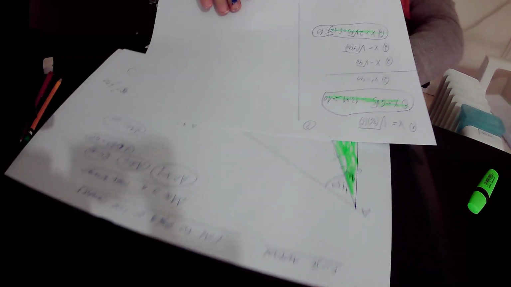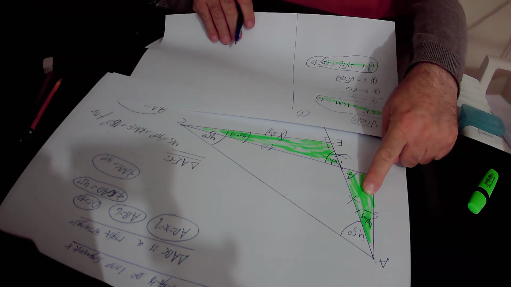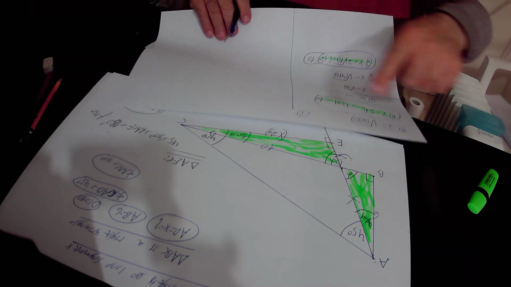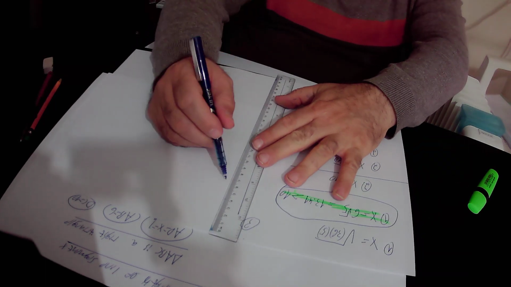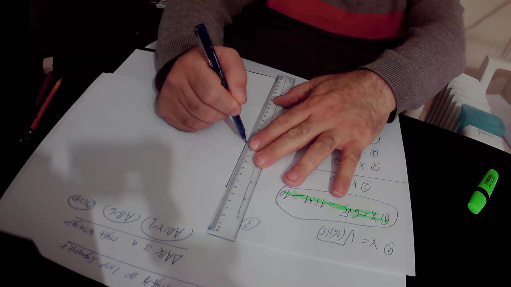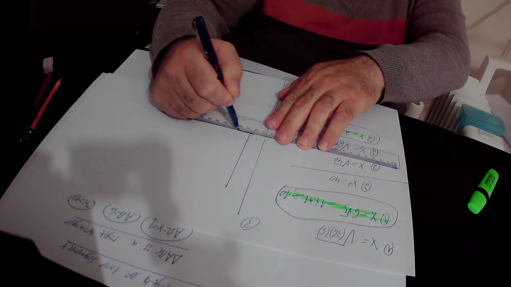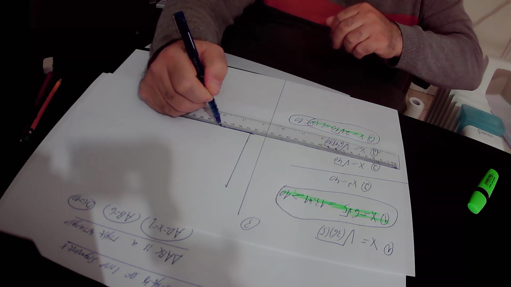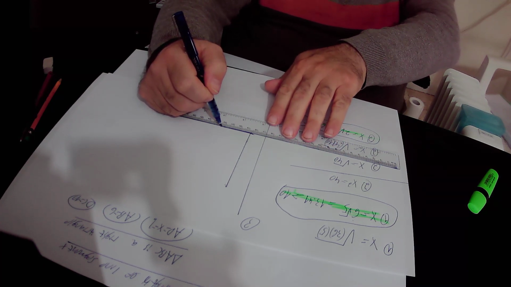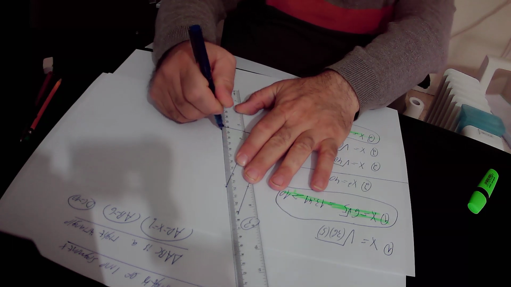In the next step, I will copy the right triangle, triangle ABD, and the right triangle, triangle ADC, in this new page. And we will analyze the two triangles in order to determine which solution is correct for x.